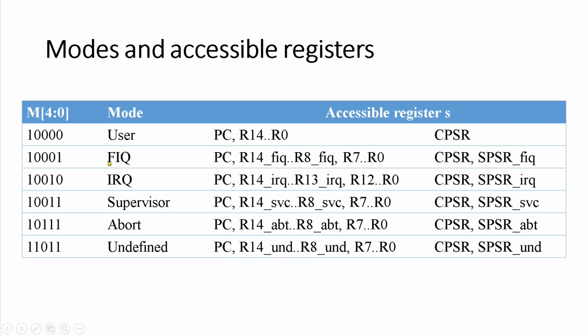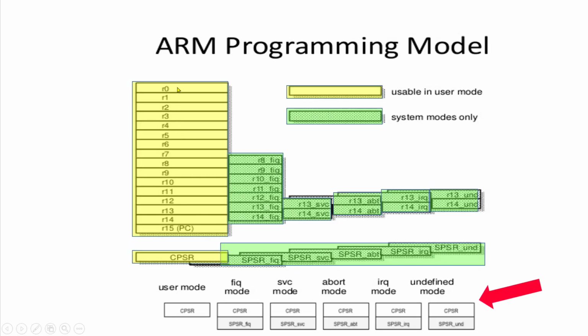And then if it is entering FIQ, the mode select bits you can see M4 is equal to 1, M0 is equal to 1, and all other bits, M1, M2, M3, are zeros. In this case the processor will be in the FIQ mode. And see what registers are used. R0 to R7 will be used, and then I told you R8 to R14 are replaced with R8_FIQ till R14_FIQ, and then R15 will be there.